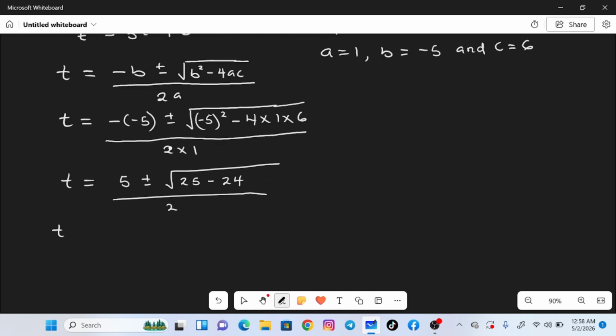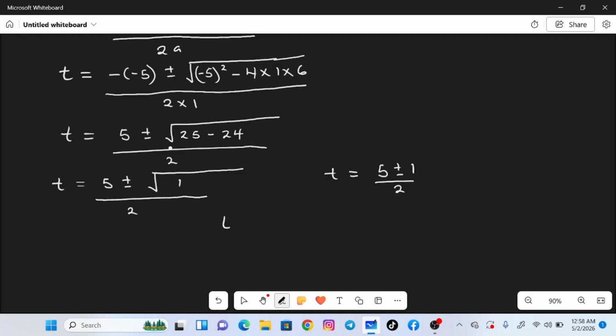So t equal to 5 plus or minus root of 25 minus 24 will give us 1, all over 2. And t equal to 5 plus or minus root 1 is 1, over 2.